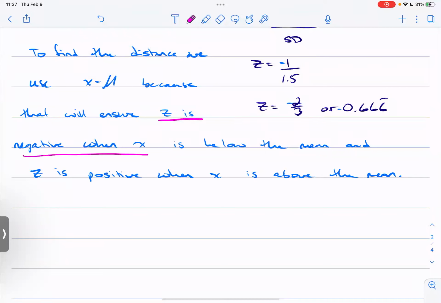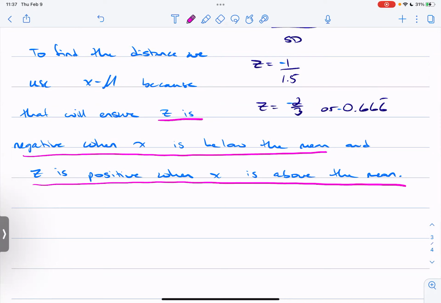So Z is negative when X is below the mean and Z is positive when X is above the mean.